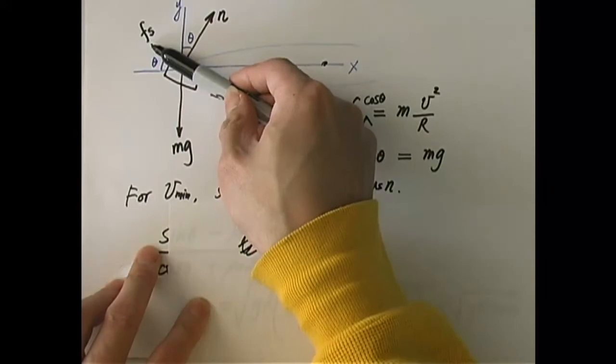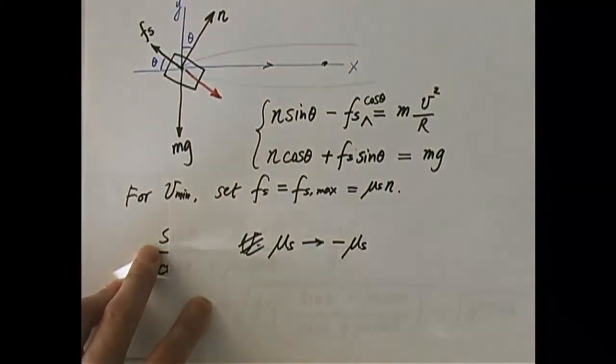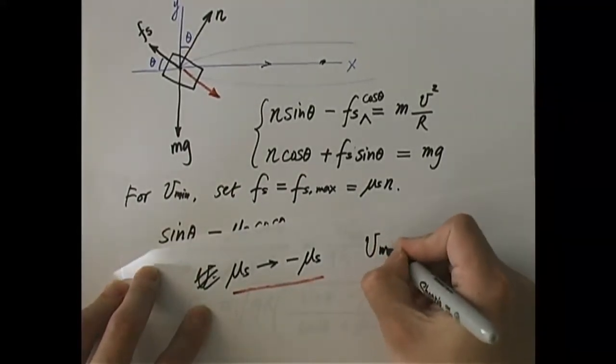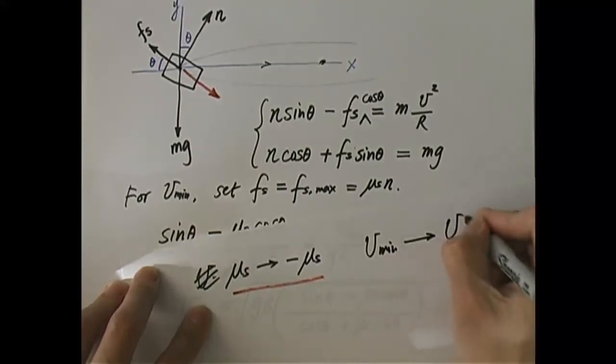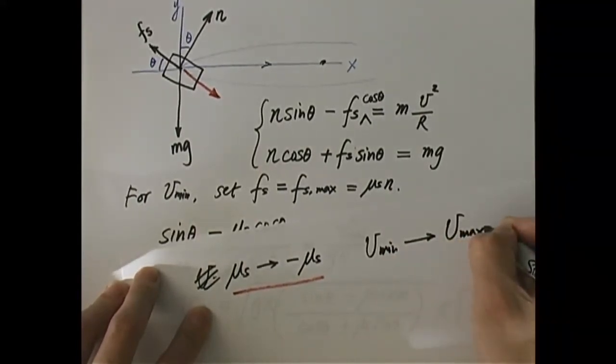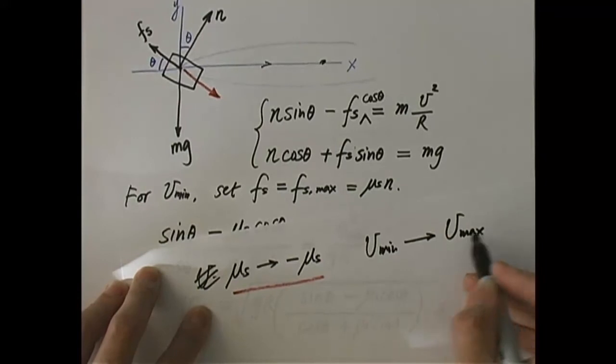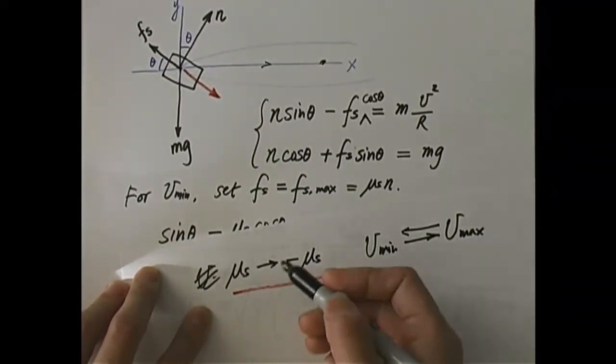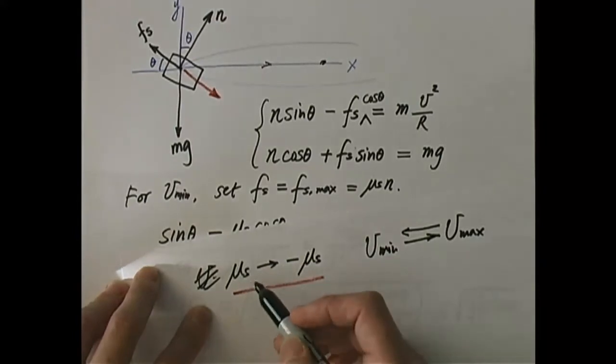We have to reverse this direction from here to there. So by setting mu s to negative mu s, you can effectively go from V minimum to V maximum, or from V maximum to V minimum. That's the simplest thing to do, to change the sign in front of mu s.